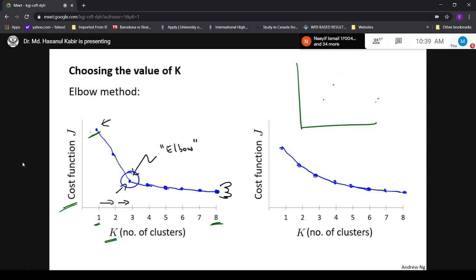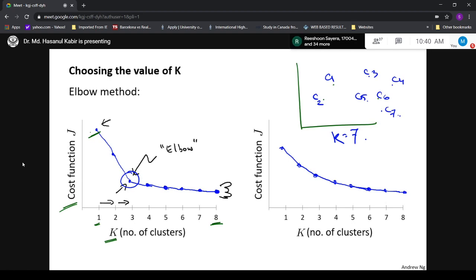But if I have, let's say, these 7 points, you can say this is cluster 1, this is cluster 2. But if someone says that I have 7 clusters over there, this is cluster 1, cluster 2, cluster 3, cluster 4, cluster 5, cluster 6, and cluster 7.